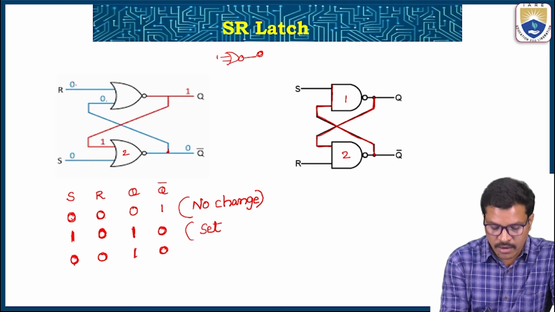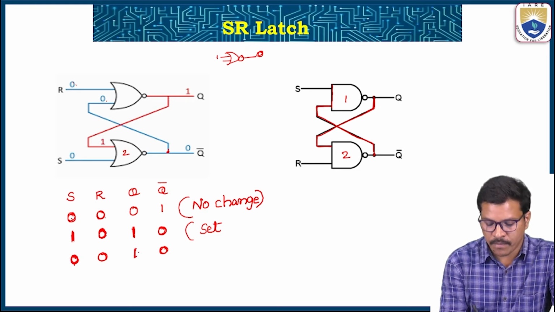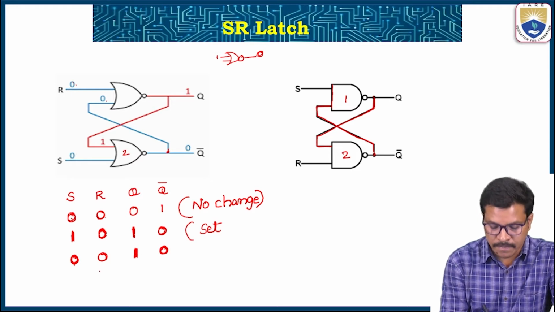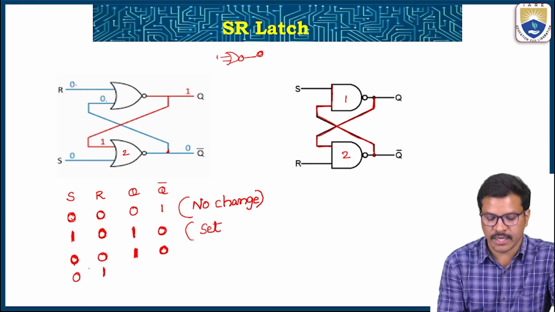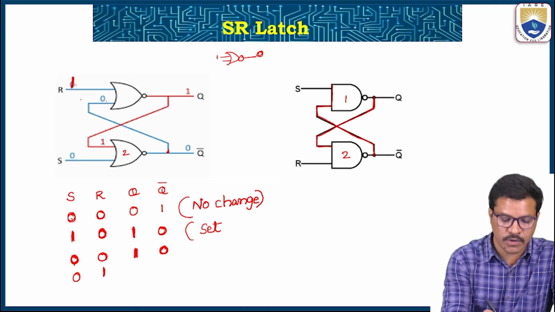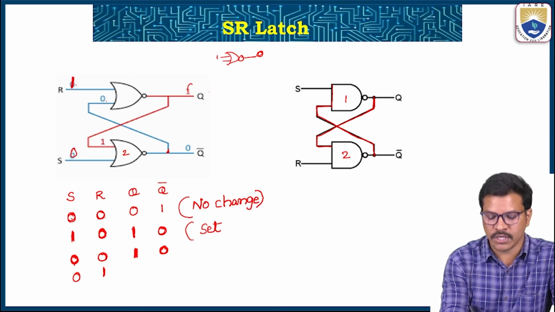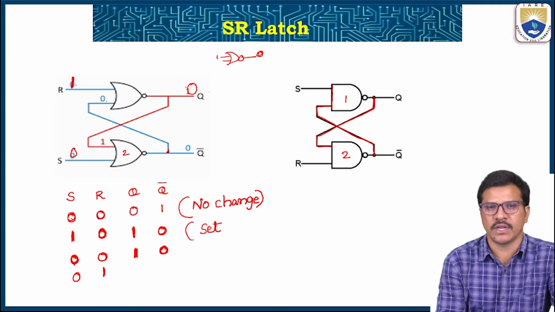Now again we can have some memory value, 1 and 0. Now I am setting logic 1 to reset and logic 0 for set. So R is equal to 1, S is equal to 0. Immediately the output Q is 0 because one input is 1 in the NOR gate.